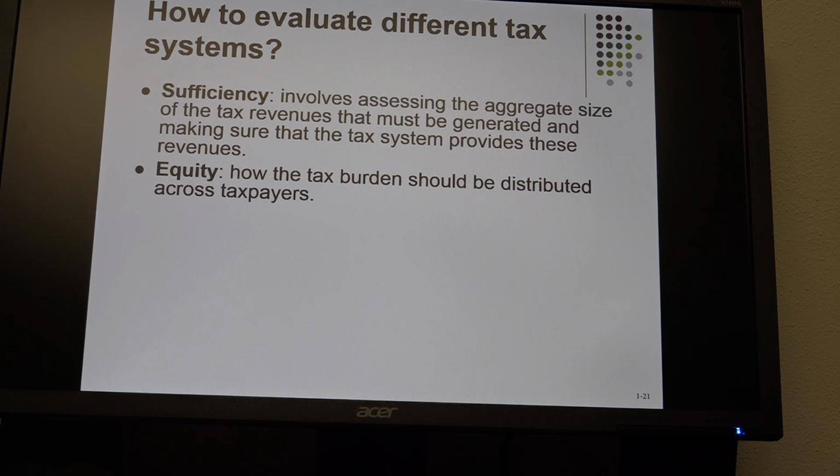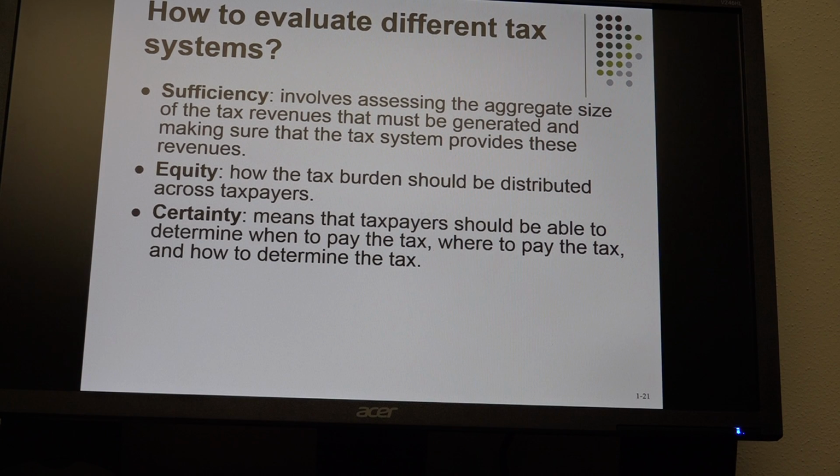If you're a taker of government services, so you're really not paying much or anything, your idea of a high wage earner paying more taxes is different than the high wage earner's idea of equity. Let's put it that way.